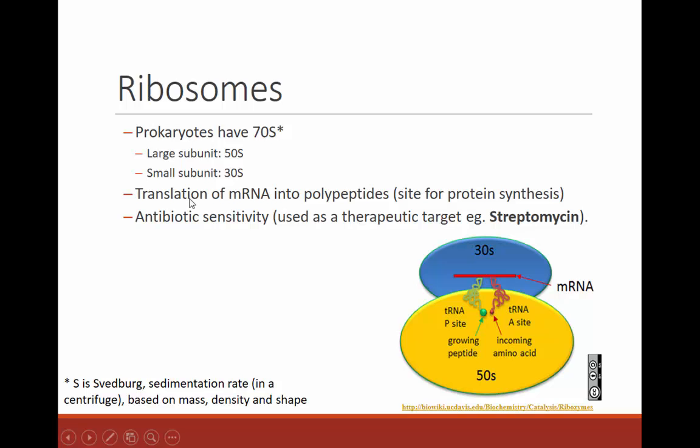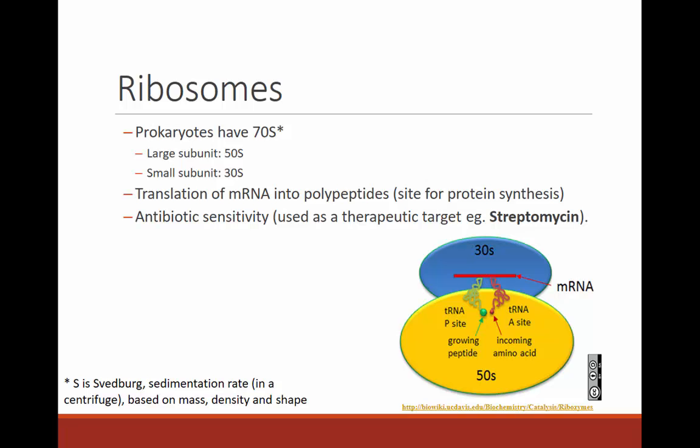It's not my maths. And so in the ribosomes, you get the translation of mRNA into those polypeptides. So you have the protein synthesis. But if you wanted to get rid of particular bacteria, and leave the eukaryotic cells, your own cells, alone, what you could do is just target that 70S ribosome, couldn't you?